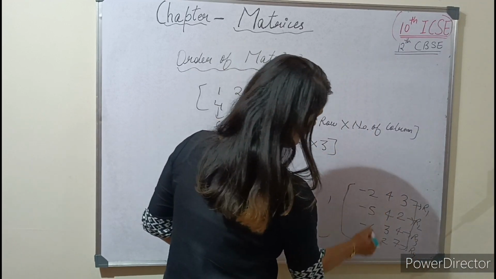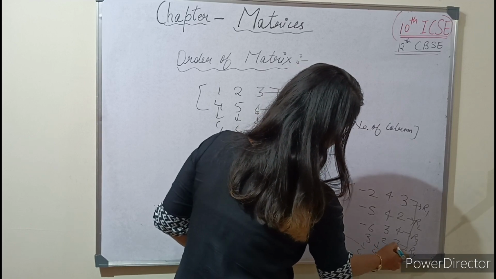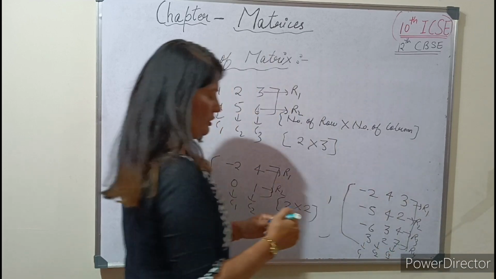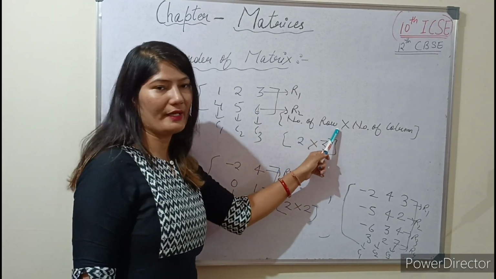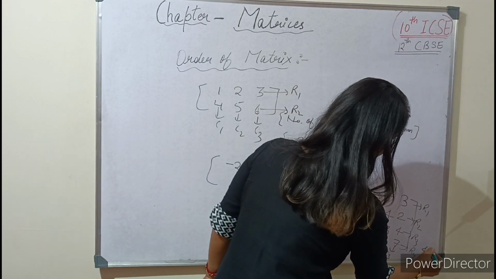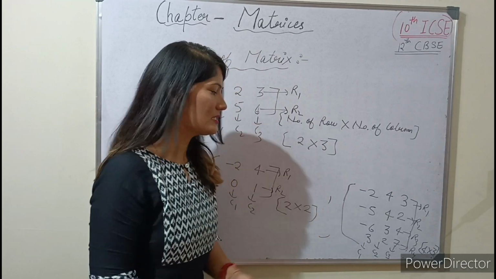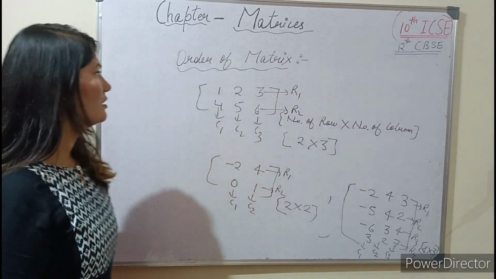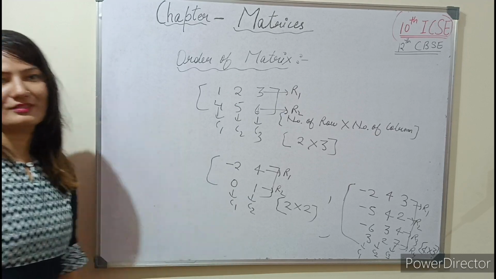And for the columns, this is column 1, this is column 2 and this is column 3. The order of the matrix can be easily found by number of rows multiplied by number of columns. The number of rows is 4, so 4 multiplied by 3 is the order of this given matrix. So this is about how to find the order of the matrix. Please have a look.